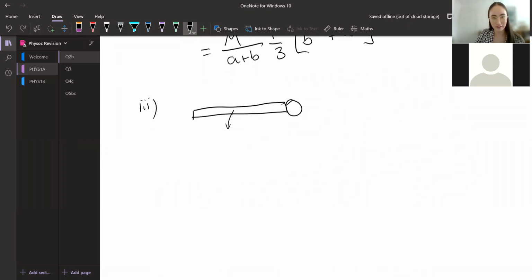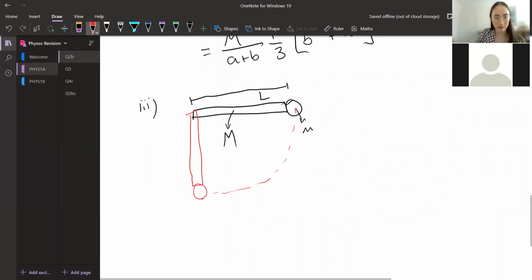This is mass big M and this is mass little m, and it has a total length of L. This is going to swing downwards to this final position. Same length on this side. And we want to figure out what the velocity is going to be.